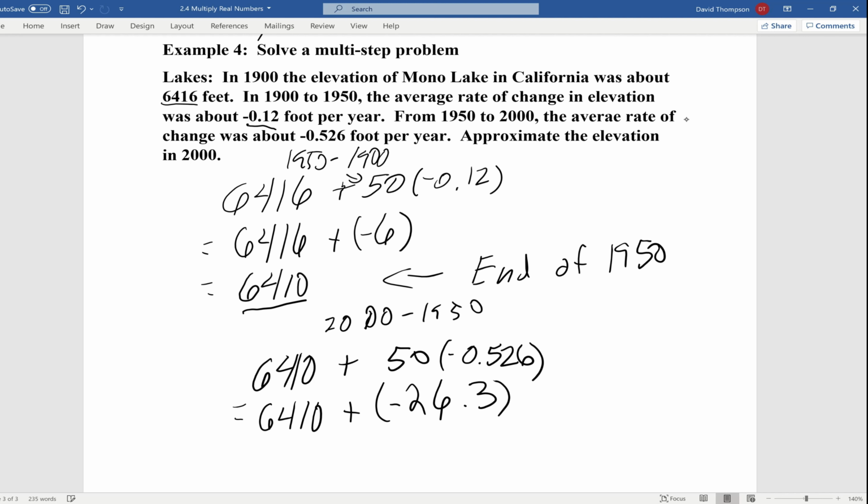And now we add 6,410 plus negative 26.3, and we have a final answer of 6,383.7. So in 2000, this is our height at the elevation above sea level in 2000.